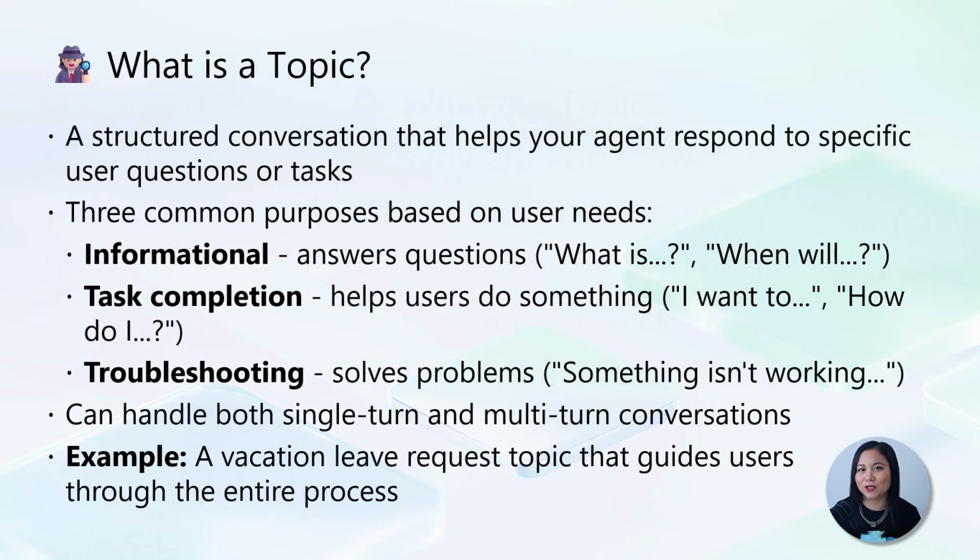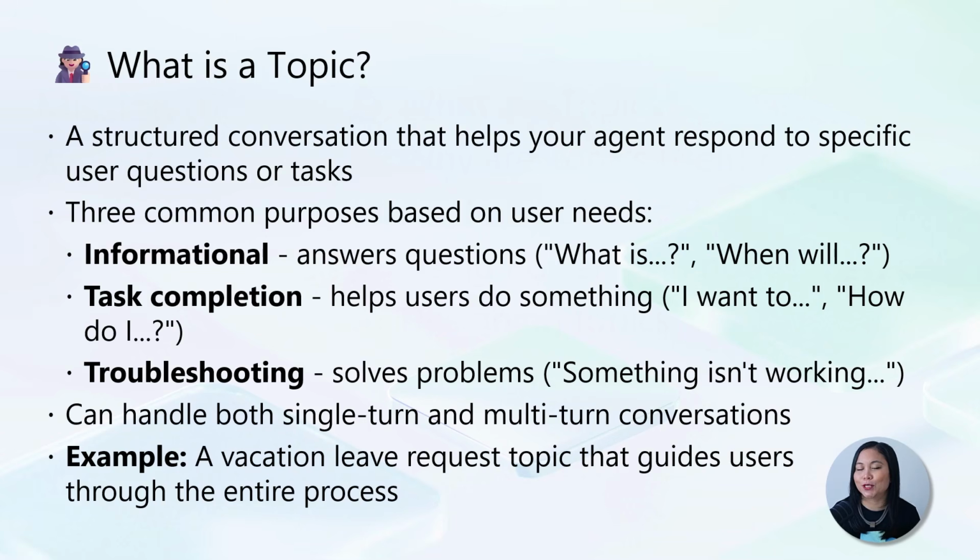In Copilot Studio, a topic is like a guided conversation that helps your agent respond accurately to specific questions or tasks. Think of each topic as a mini conversation designed for a particular purpose, whether that's answering informational questions like, what is our vacation policy?